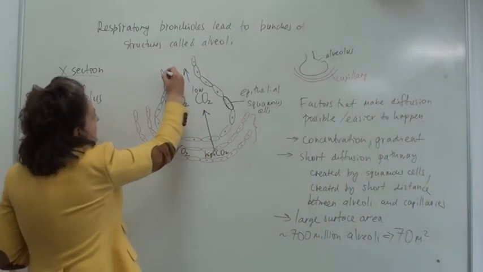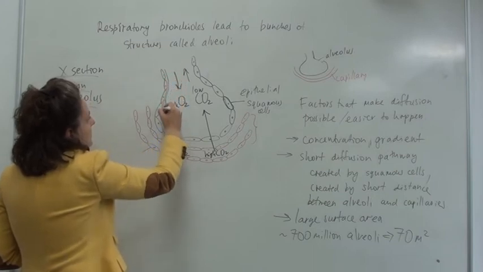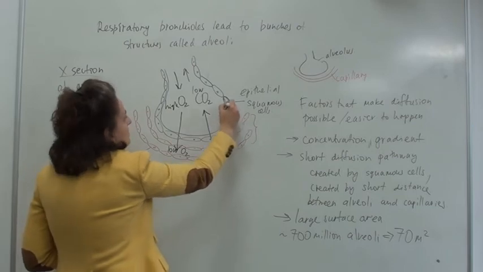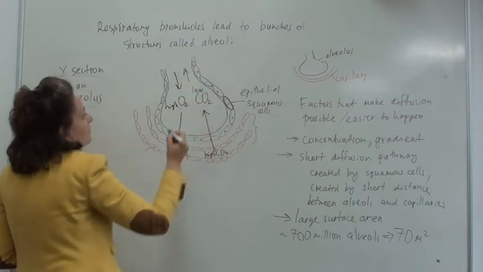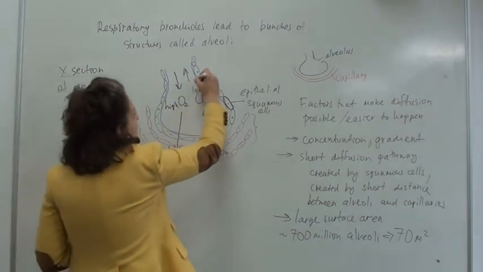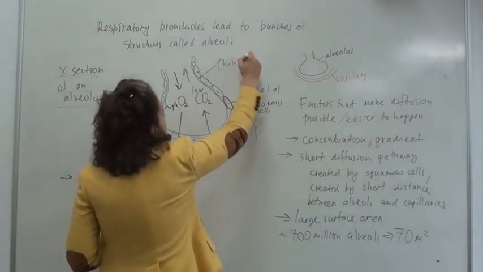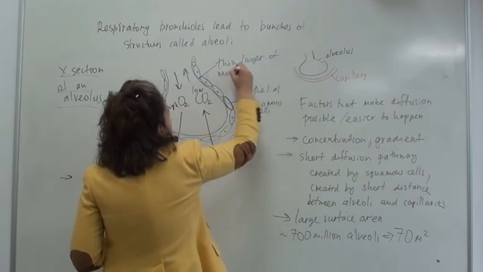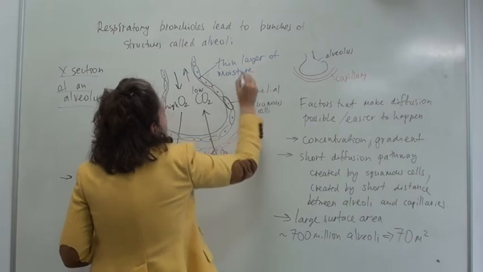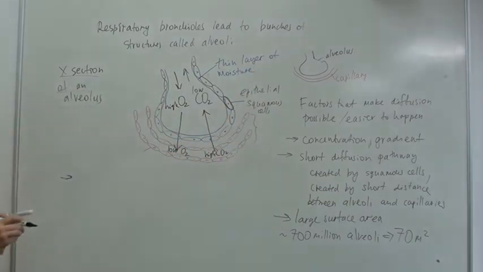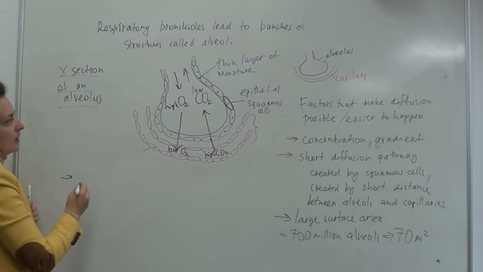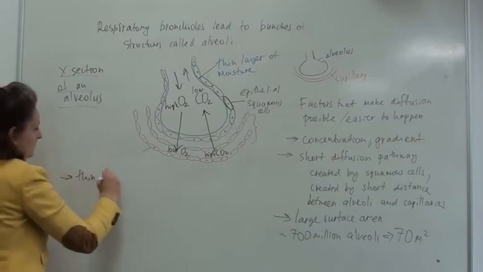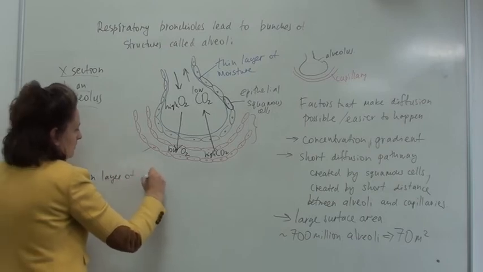So here, lining my alveolus on the inside, I'm going to use blue just because I associate moisture or water with blue. This is going to be a thin layer of water or moisture. And this thin layer of moisture is going to help me with diffusion.